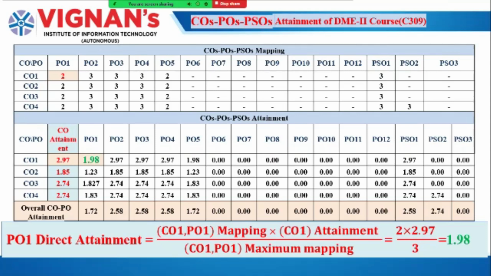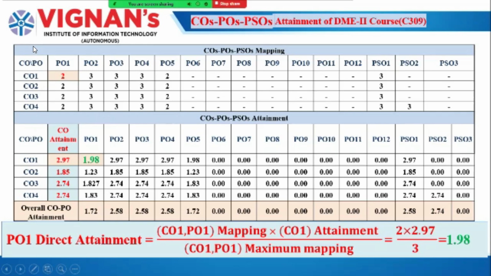Then this is the COPO mapping for the DMT course. And this is the COPO PSO attainment. We have a formula. For example, PO1 direct attainment is COPO mapping into CO attainment by maximum mapping. For example, we want to calculate for PO1 direct attainment.